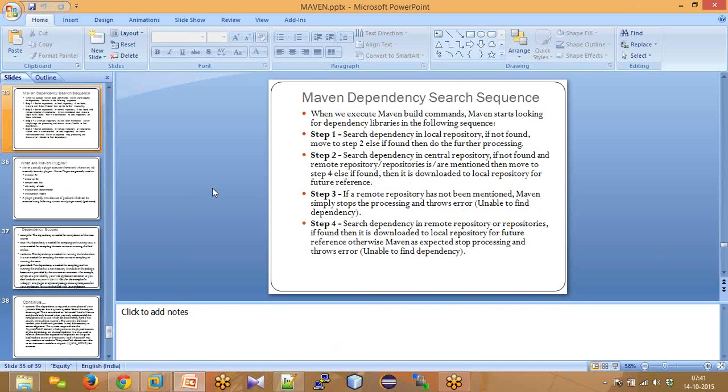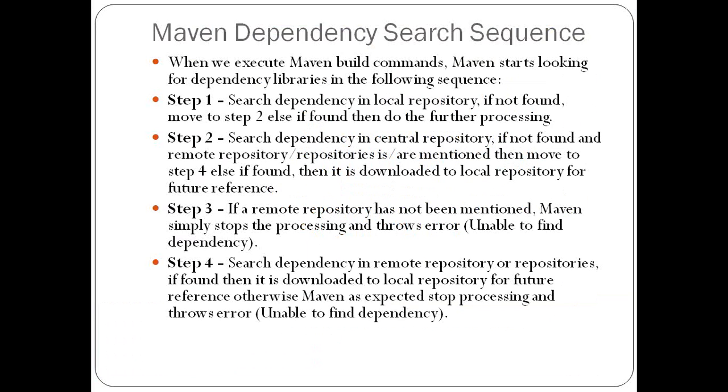So how will this search sequence go? When we execute Maven build commands, Maven starts looking for dependency libraries. First it will search in the local repository. If not found, then it will start searching in the central repository, which is step 2.